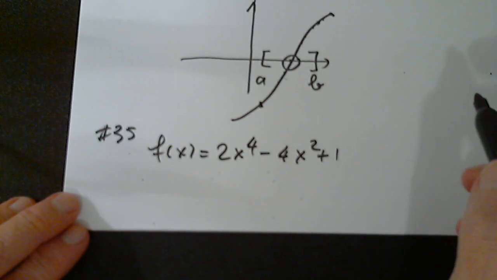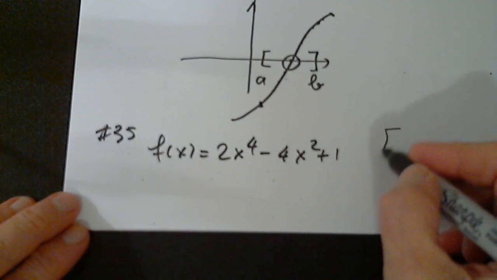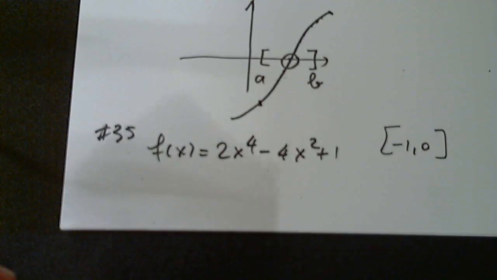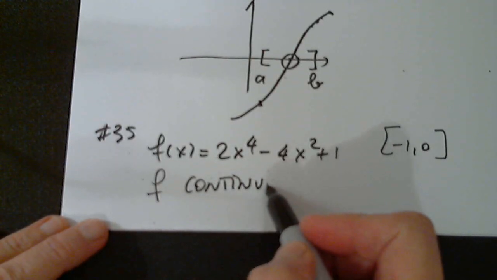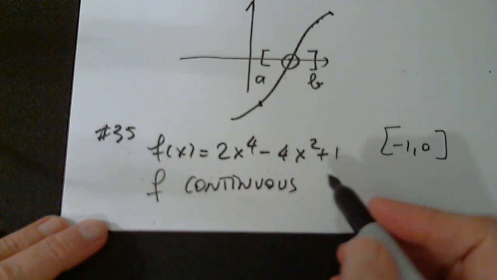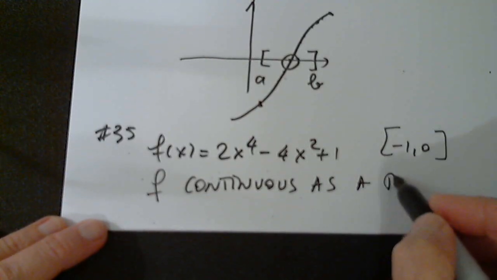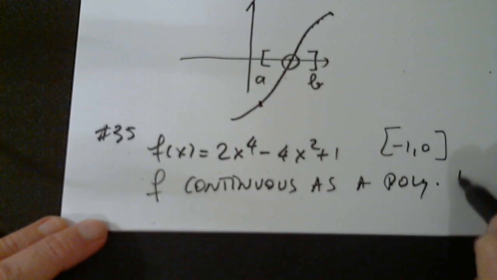And they're giving us the interval -1, 0. Here's what I need to say. F is continuous. It's a polynomial function.